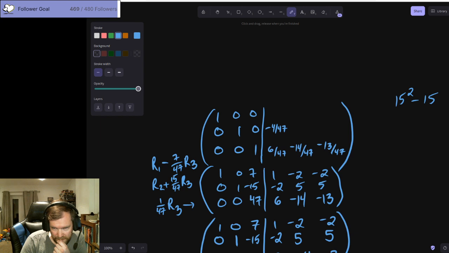Negative 210 plus 235 is going to be a 25. 25 47ths.